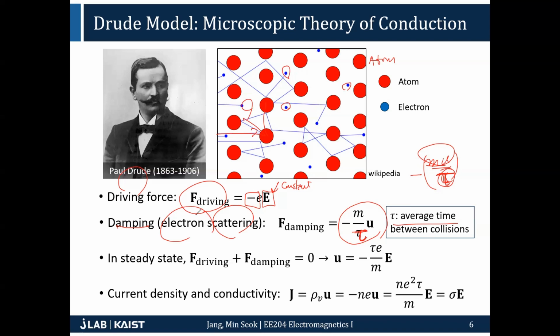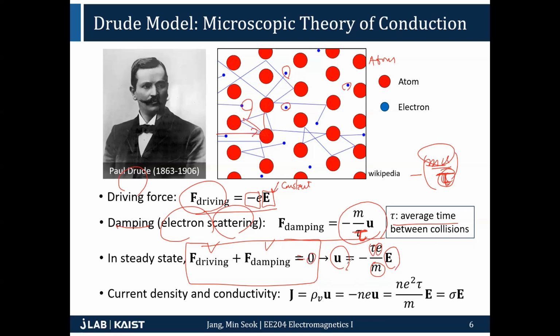Okay, so if you add these two, then in a steady state these two forces are balanced. When they are balanced, the sum is zero. And from that, we have u, which is a kind of terminal velocity, and that should be tau E divided by m_e. Kind of makes sense, right?